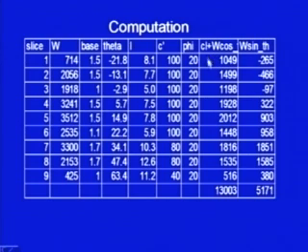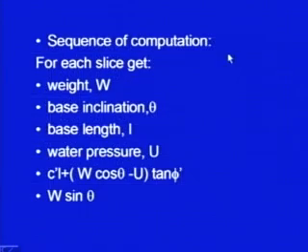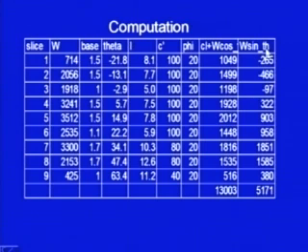This is the numerator, C dash L plus W cos theta minus U into this value. This value is in that column, and W sin theta is in this column. In this table, this is the base length, and in fact, this is the base width of the slice. So, you can calculate all these values.